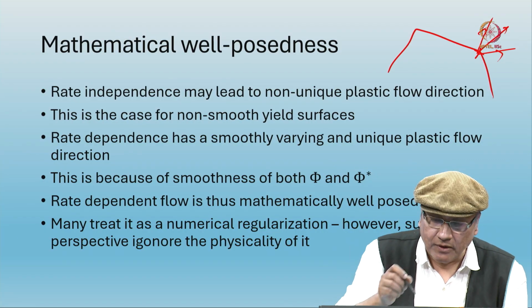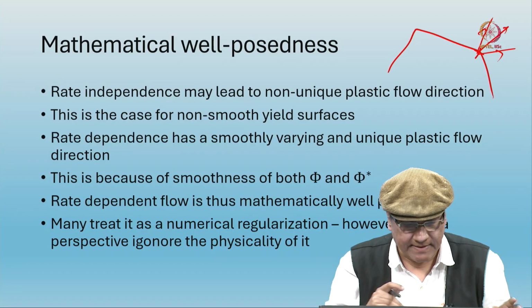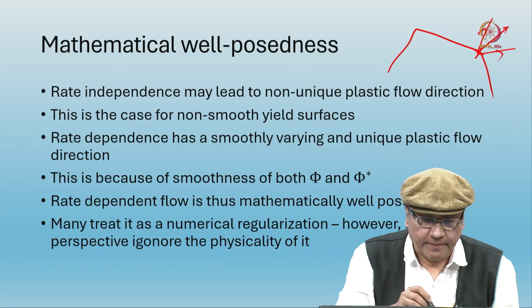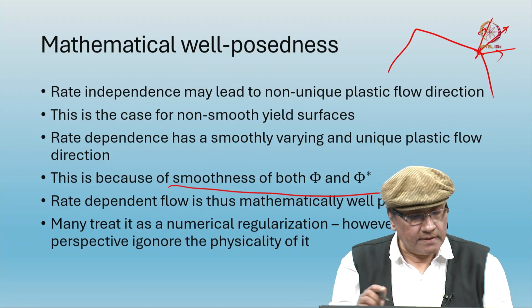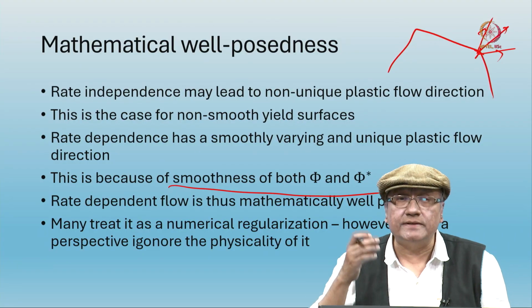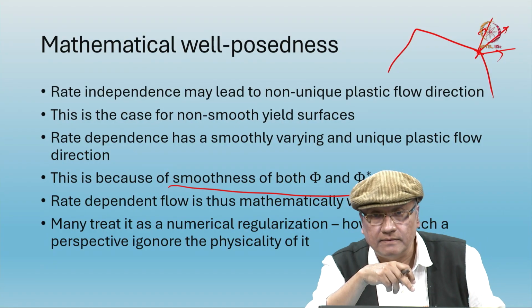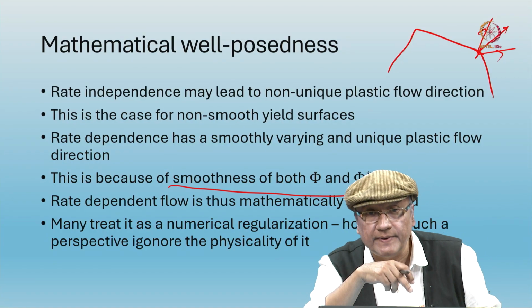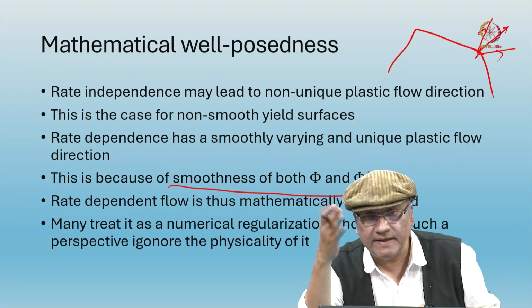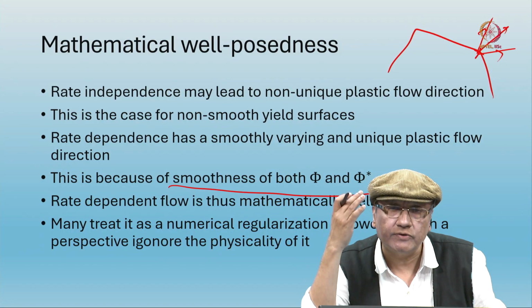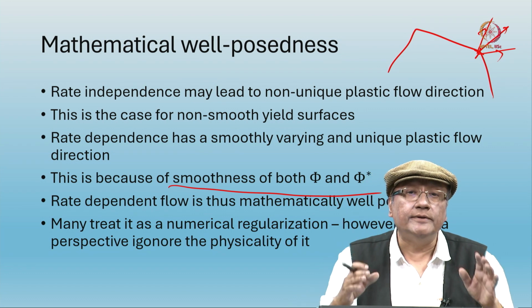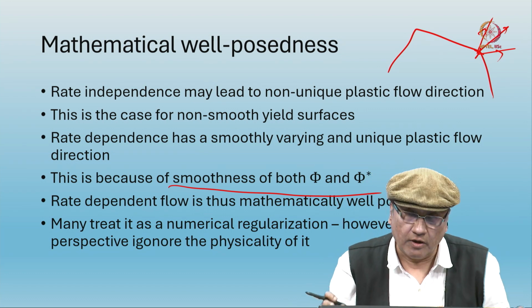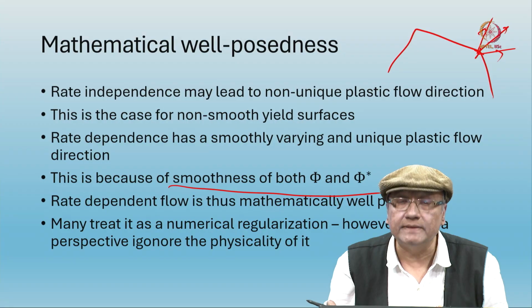So, we now have a mathematical well posedness because of the smoothness of both phi and phi star, right. Many treat it from this angle: if you look at rate dependence, many very important authors also think of rate dependence as a numerical regularization of rate independence.